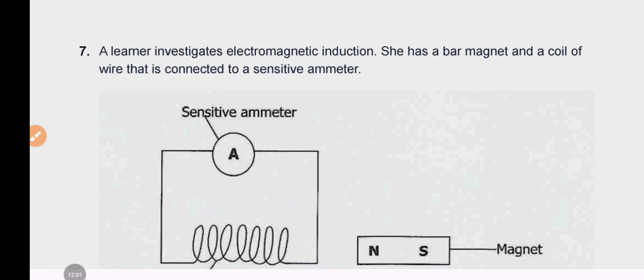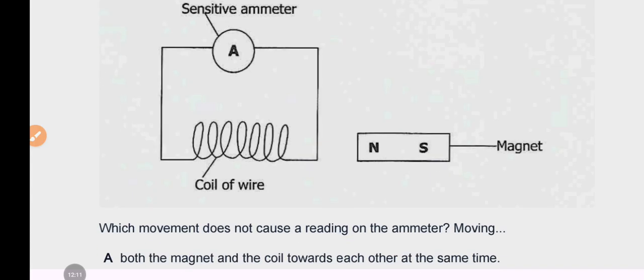Question 7. Elena investigates electromagnetic induction. She has a bar magnet and a coil of wire that is connected to a sensitive ammeter. Which movement does not cause a reading on the ammeter?